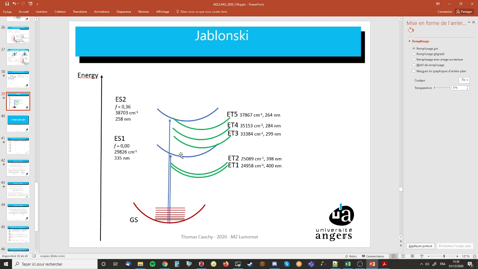That means that here, if you have an energy difference between ES1 and ES2 of 10,000, it starts to be quite a lot to go directly from ES2 to ES1.